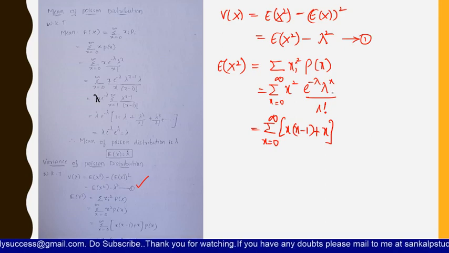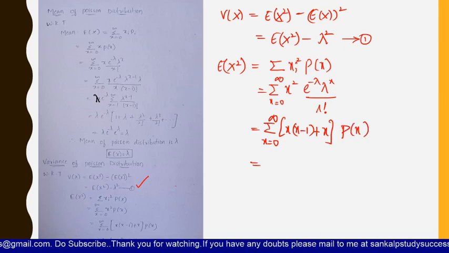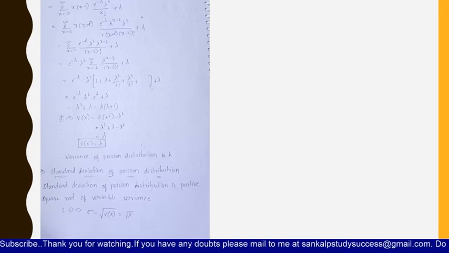So here we are writing this as p of x only. Now we are just multiplying it with p of x: x into x minus 1 into p of x, and x into p of x. By simplifying, p of x can be written as e power minus lambda into lambda power x by x factorial, and here x factorial is written as x into x minus 1 into x minus 2 factorial, because x into x minus 1 gets cancelled here.